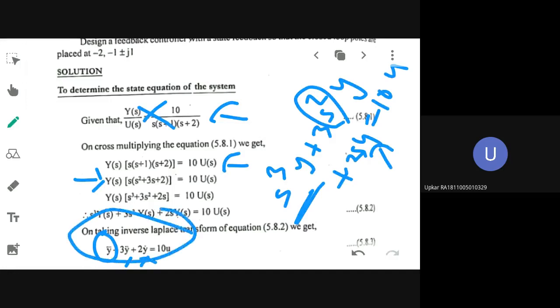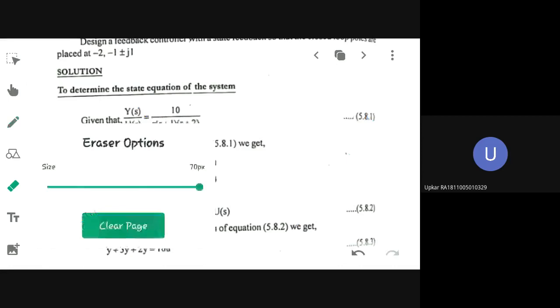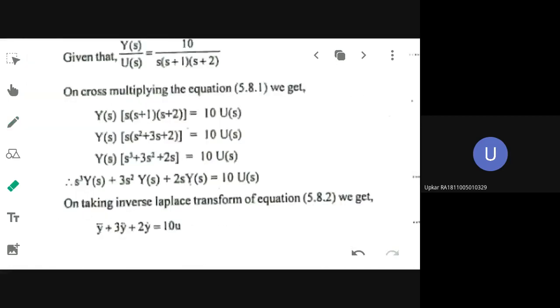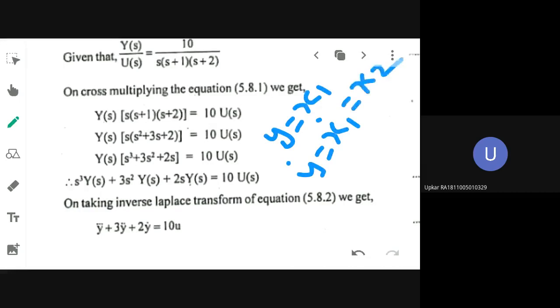Now time to choose the state variable. So how will you choose the state variable? In terms of phase variable only you are going to choose. So I am assuming y is equal to x1. This is my first state variable. Then I am choosing y dot is equal to x1 dot is equal to x2. Okay, so this is my first state equation.